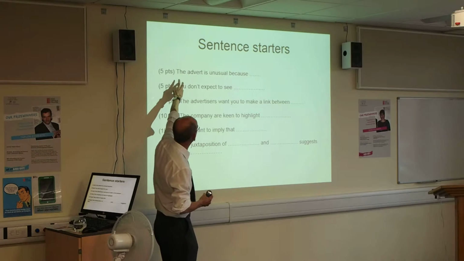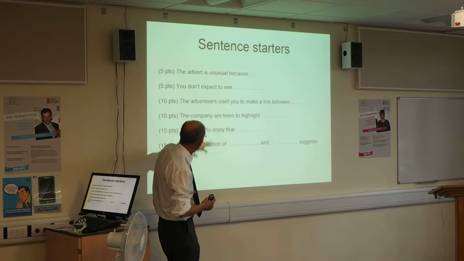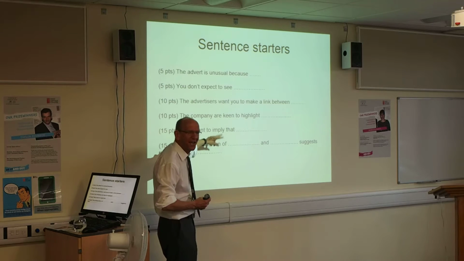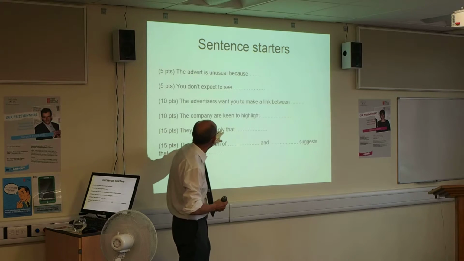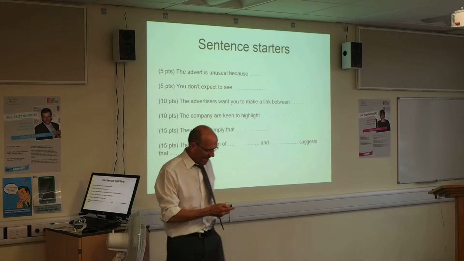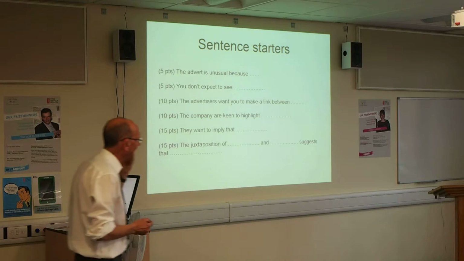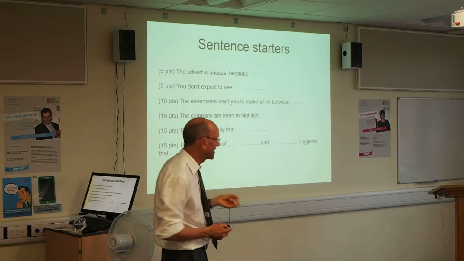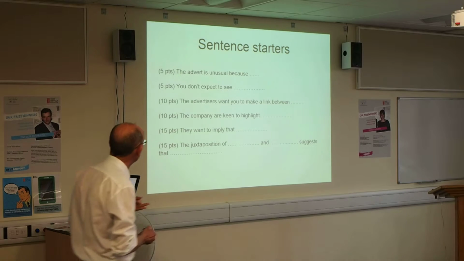You can see here we're using quite simple language, whereas down the bottom here we're getting more like the kind of language they need to use in a GCSE exam. They want to imply that, the juxtaposition of. So two topics done then. Ask hard questions of easy texts, model this movement from spoken to written English.